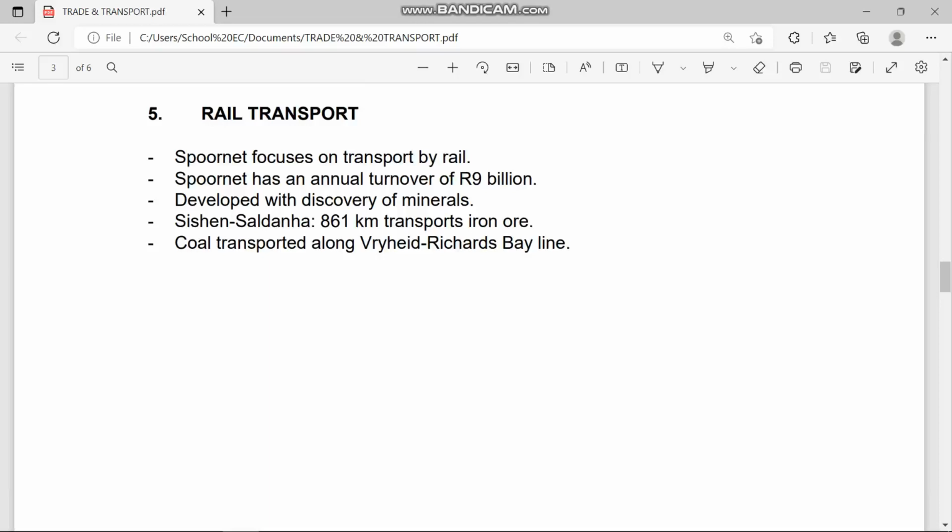So we take this gold from East London, transport it to Johannesburg so that it can be manufactured and exported to other countries. That's how it goes. I think you understand, guys. So that's what it means by developed with the discovery of minerals.